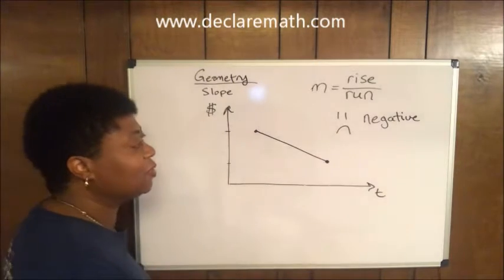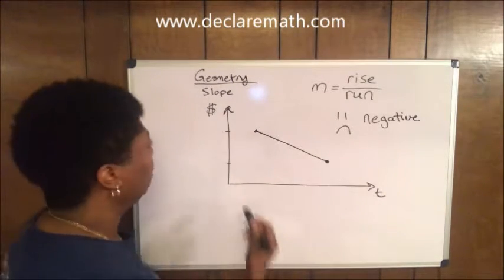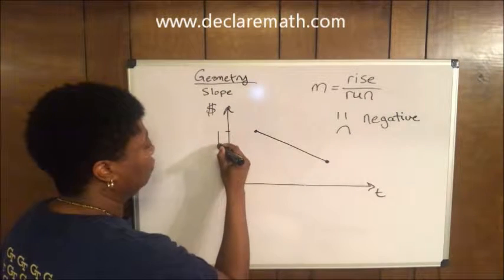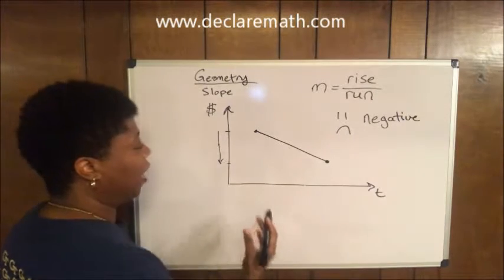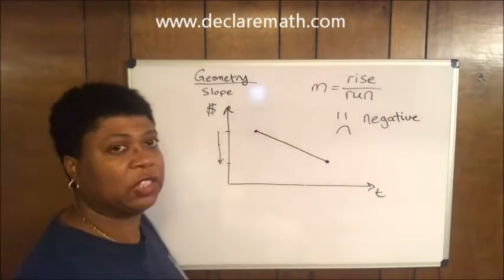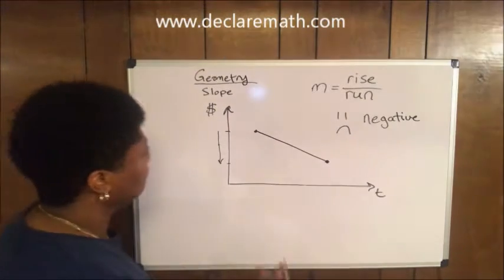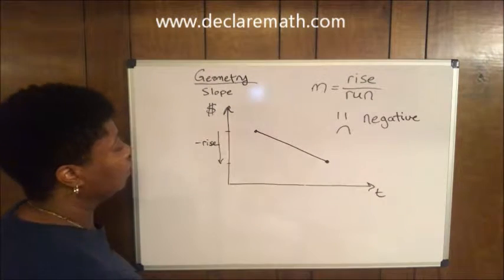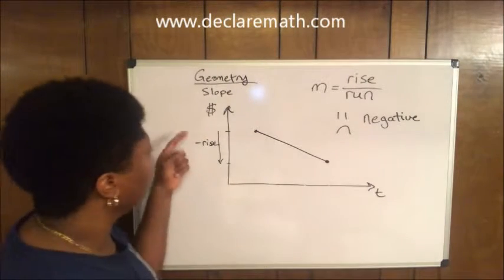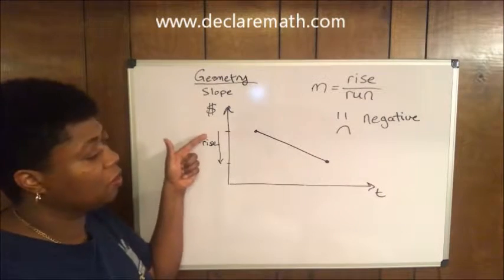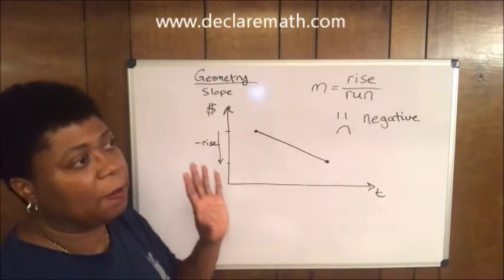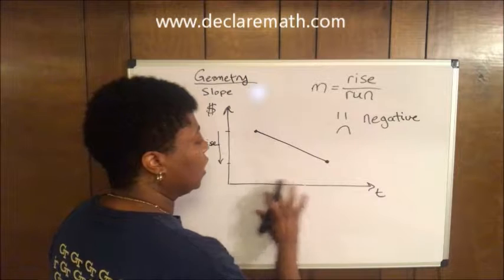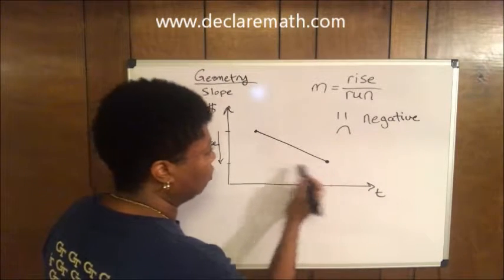Here, what did we do in terms of rise, or in terms of our money? We went down. So in terms of rise, it's going in the opposite direction, and we represent that with negative numbers. So you have here a negative rise. Think of it in terms of the opposite: a positive rising up would be a negative lying down. As time goes on, we're going in a positive direction. We're running.